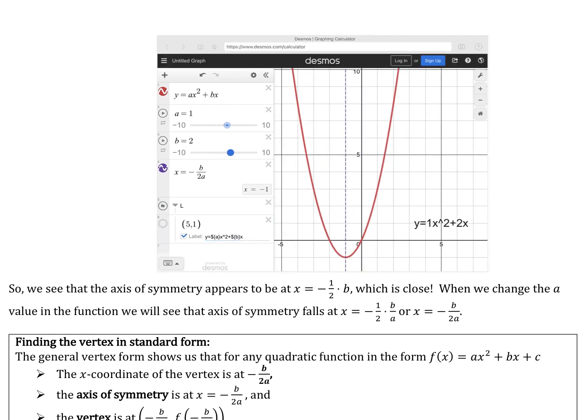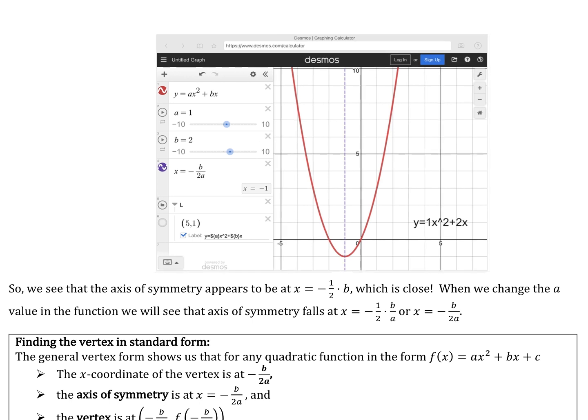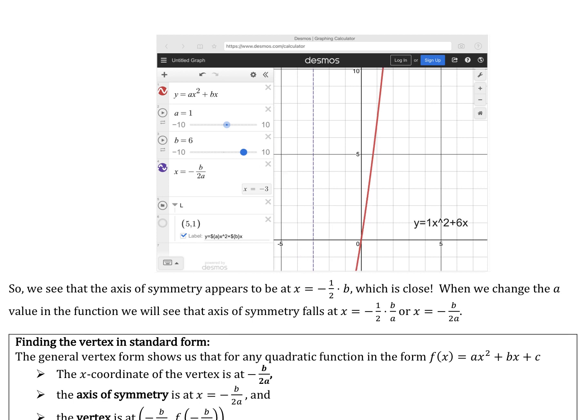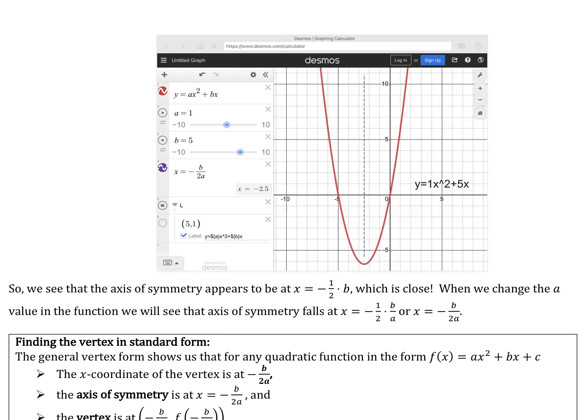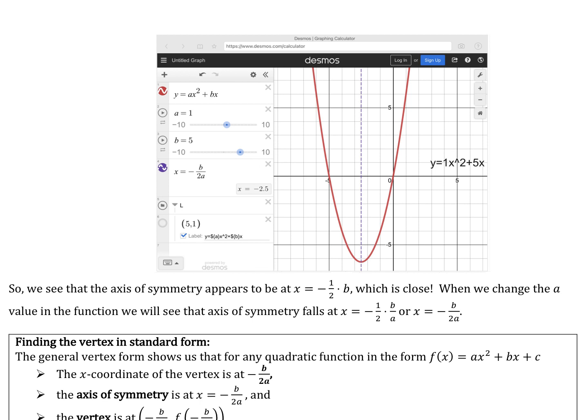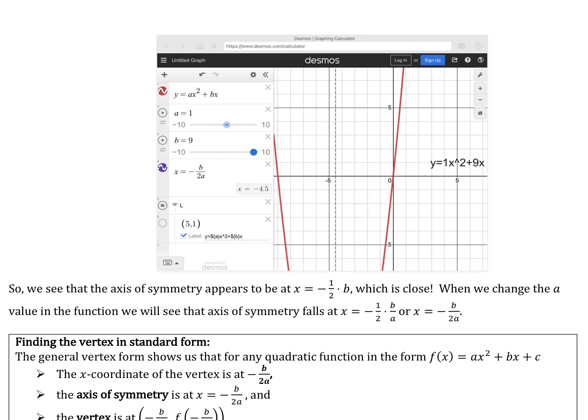As we go to Desmos and move that b value, we have a b value of 2, and the axis of symmetry right here is -1. If we move that b value, the larger it is, the axis moves to -2.5, so it keeps going to the left.